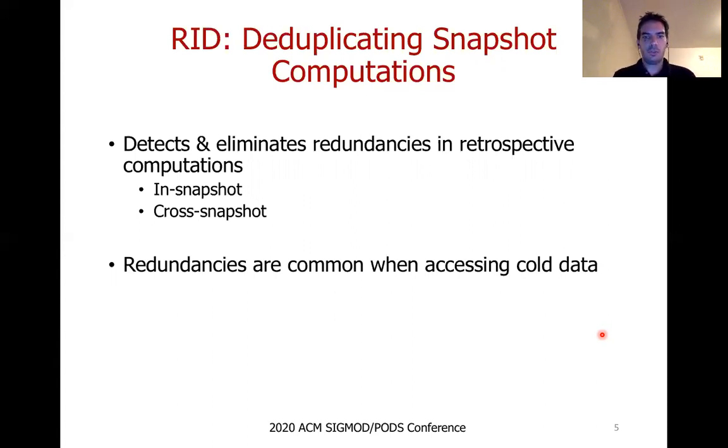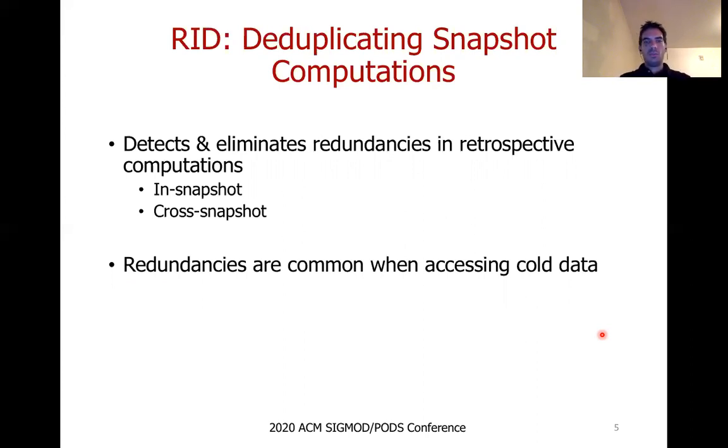Redundant in-snapshot computations, when a query returns identical results for multiple snapshots, and redundant cross-snapshot computations, when we compute aggregations like min or max over query results. If the query results do not change, then min or max values will not change either. So we can avoid the aggregations on the identical results.